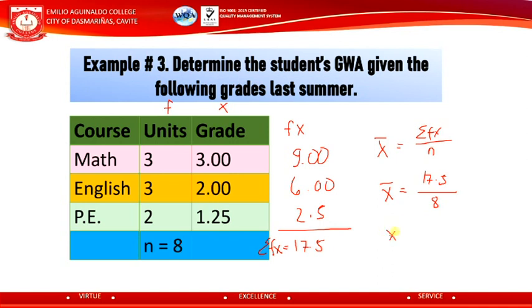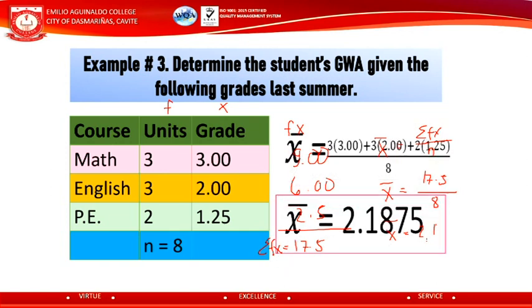If we're going to use our calculator, it will give us a value which is equivalent to 2.1875. So this will be the answer for this problem. So the average of that student is equivalent to 2.1875 or 2.19 for that particular semester.